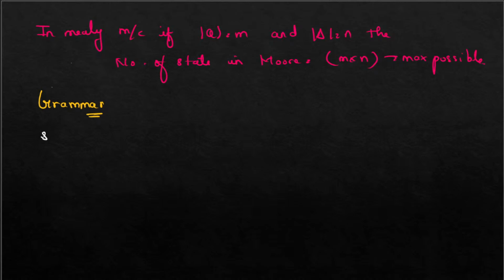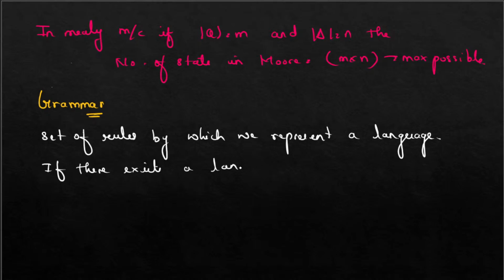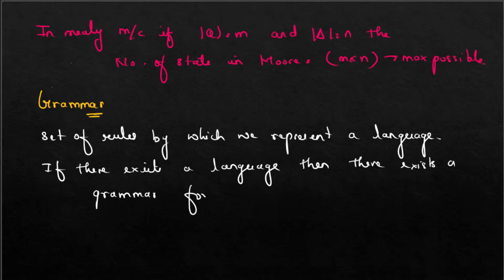So grammar is nothing but a set of rules by which we represent a language. If there exists a language, then there exists a grammar for it.